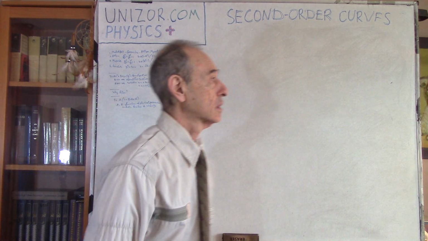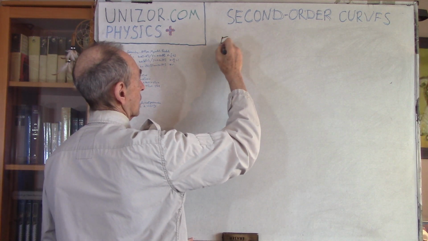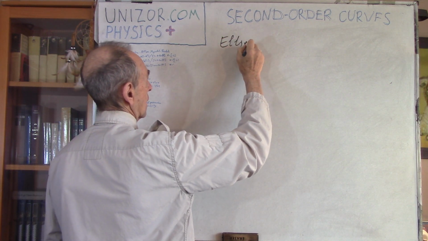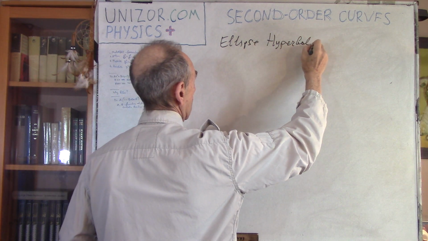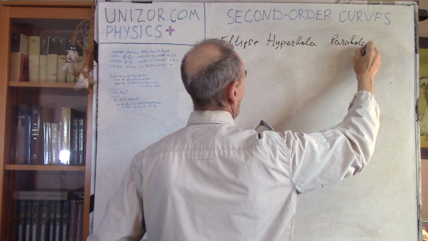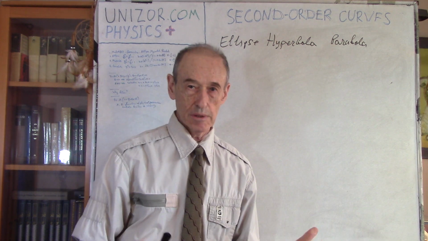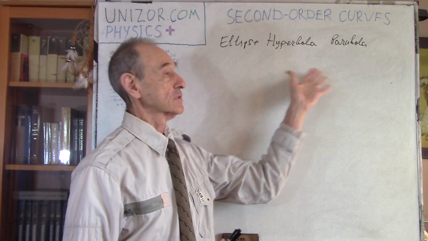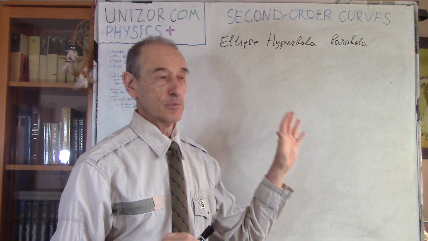In particular, three different types of curves: ellipse, hyperbola, and parabola. These are three different types of curves. They have different second order equations which describe them.